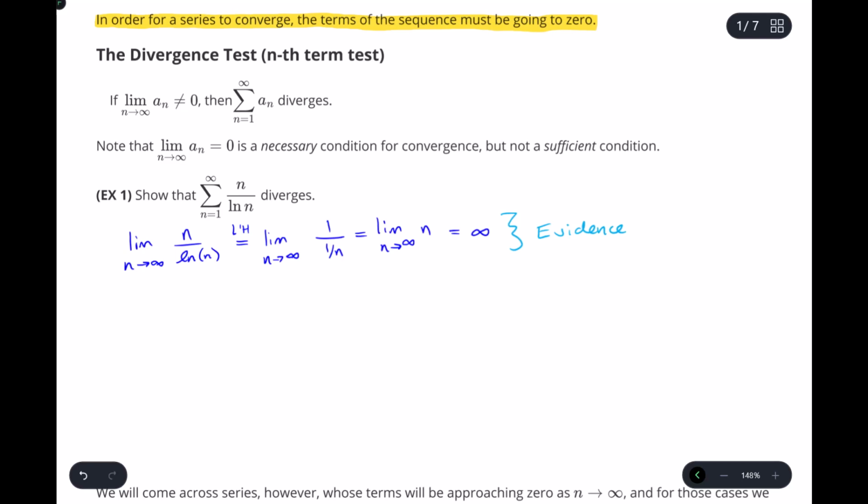Okay, that's an important part of your problem. Then you want to state your conclusion. All right, so your conclusion here is that the series going from n equals 1 to infinity of n over the natural log of n diverges by the divergence test.